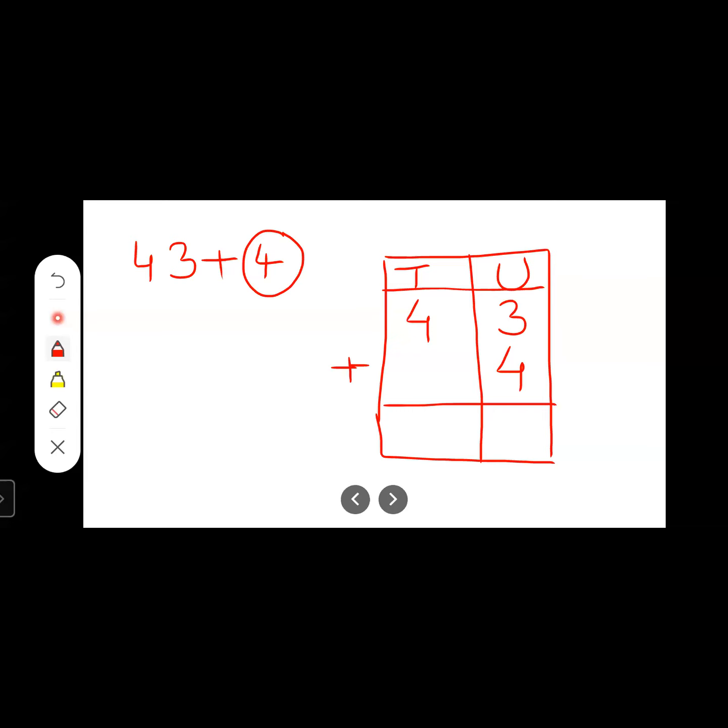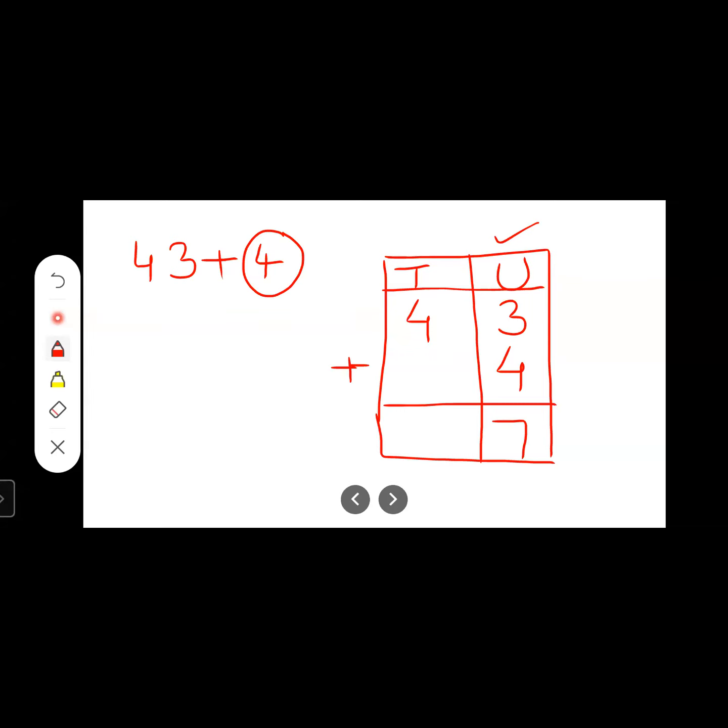Now we will start solving. We will do 3 plus 4. Always remember to start with the units place. 3 plus 4 we will do. 3 plus 4 is equals to, take 3 in your hand, count after 4, 5, 6, 7.